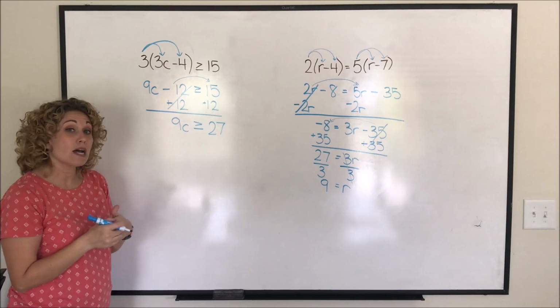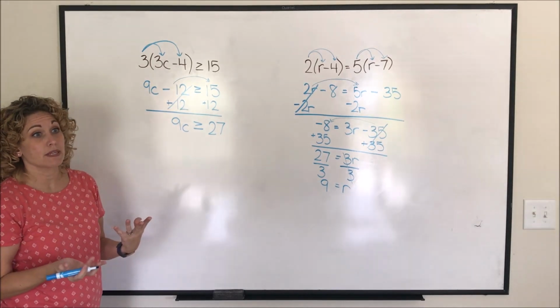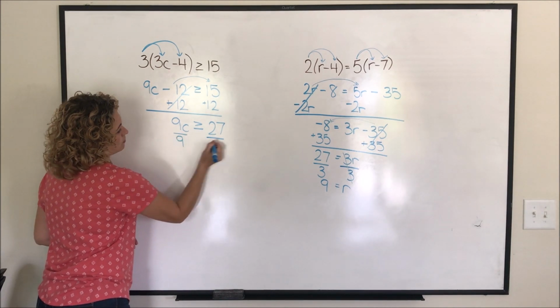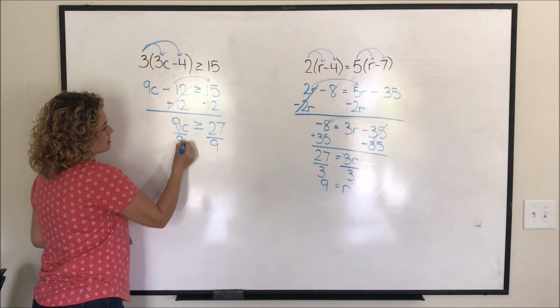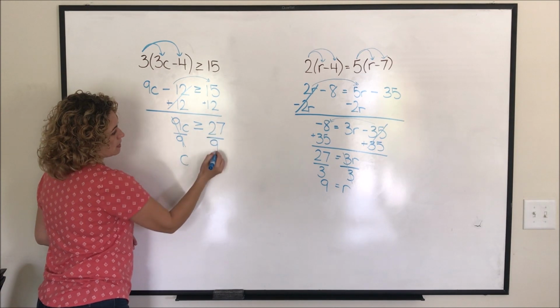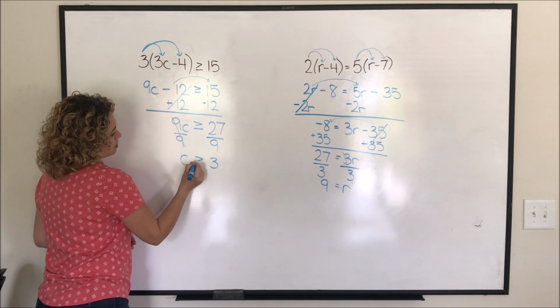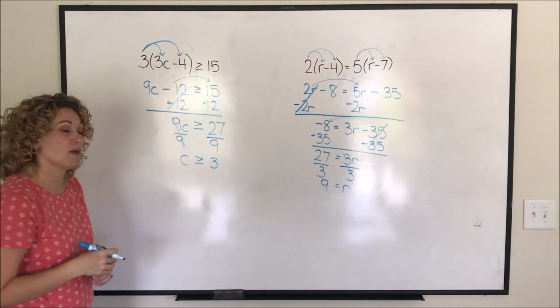This says 9 times c, so we want to do the opposite. So we're going to divide both sides by that 9. The 9's cancel out, and we're left with c. 27 divided by 9 is 3, greater than or equal.